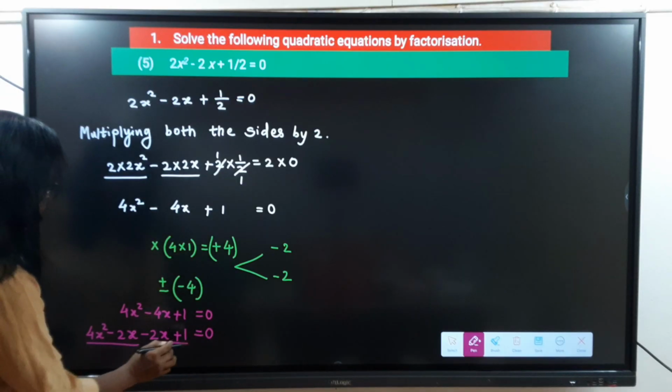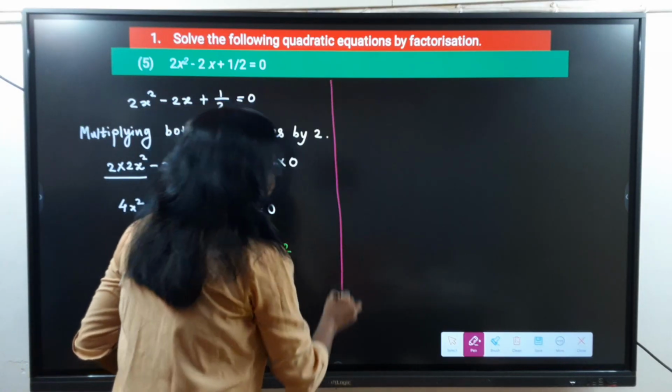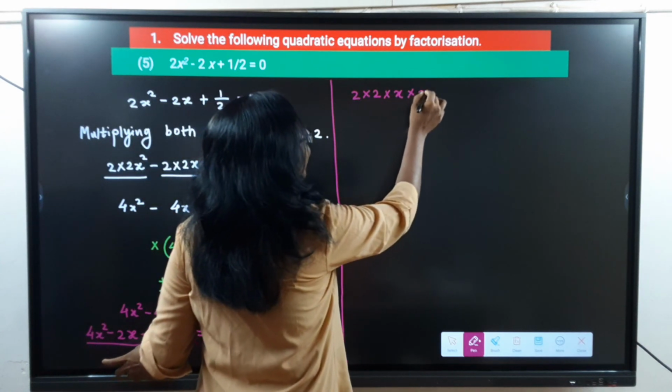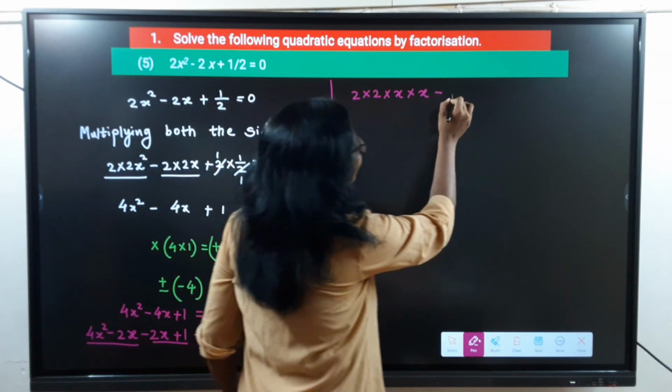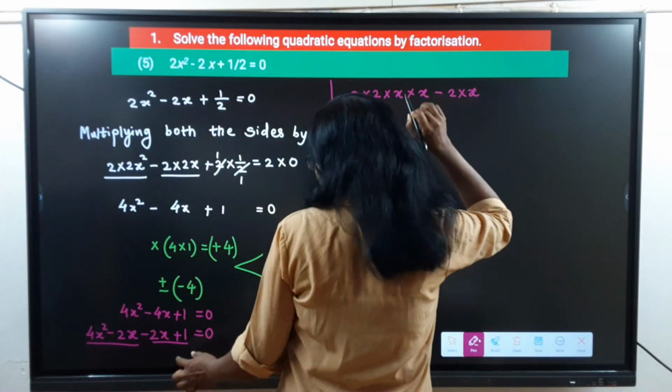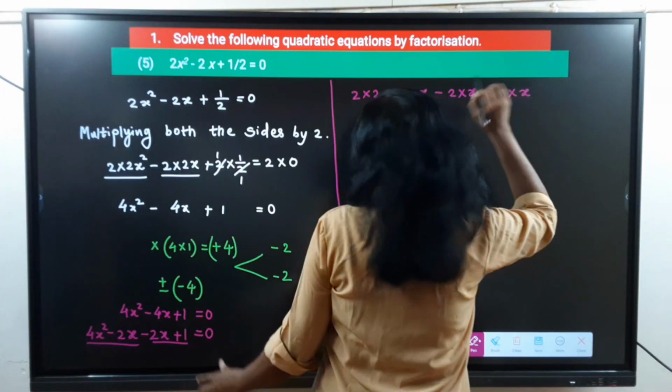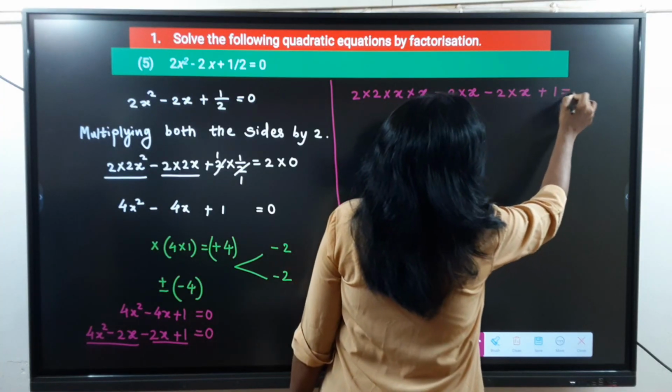Therefore, making the two groups. So factorization: 2 multiplied by 2 multiplied by x minus 2 multiplied by x, then minus 2 multiplied by x plus 1 is equal to 0.